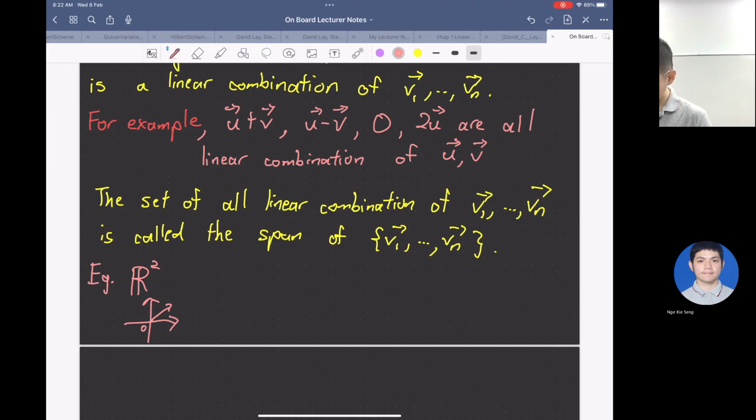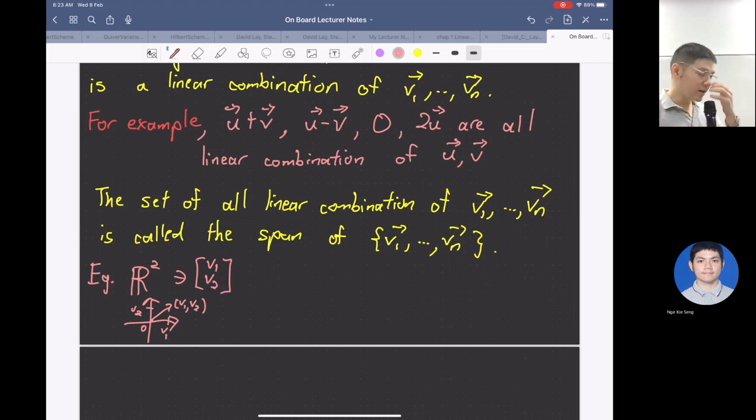How do you record this arrow? You just take the endpoint, and this will specify all the information for the vector. So a vector in R2 is written with square brackets v1, v2.